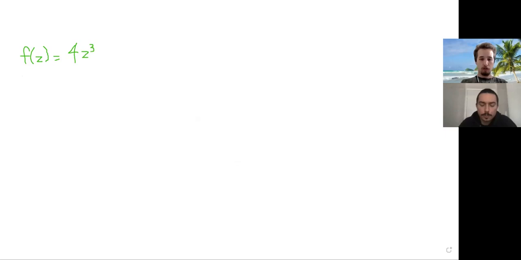Four z cubed minus 8z squared. And so we're going to do MVT on the interval 2 to 5.